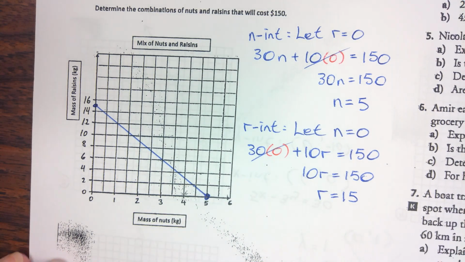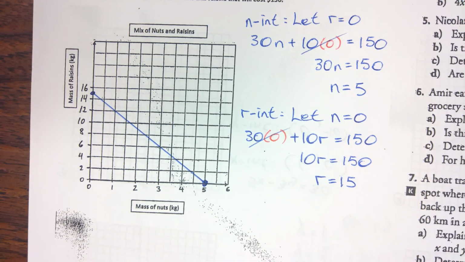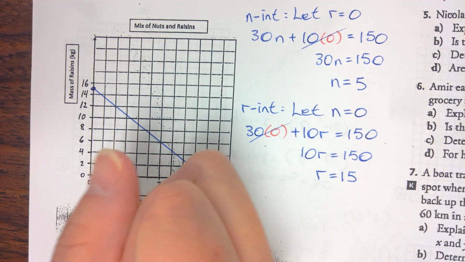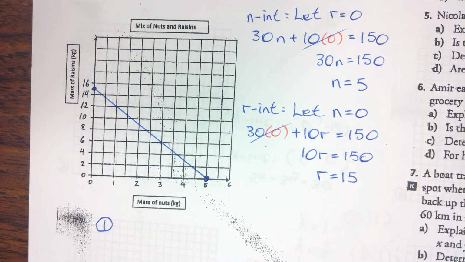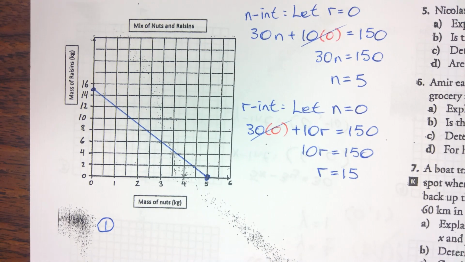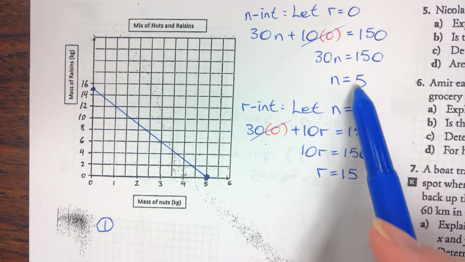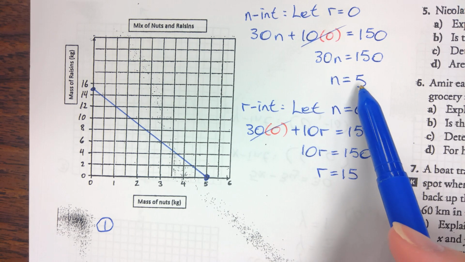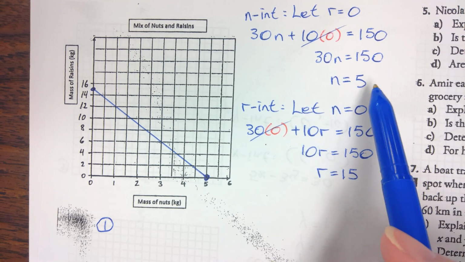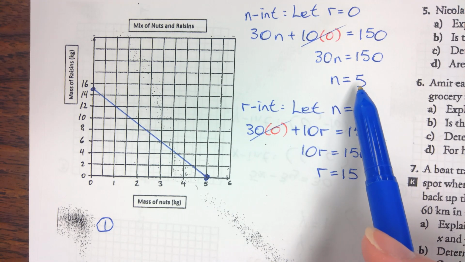Okay, so based on this line, I want 3 different combinations to make up the $150. So n equals 5, what does that mean in the context of the question? Let's see, Grace, what does n equals 5 mean?